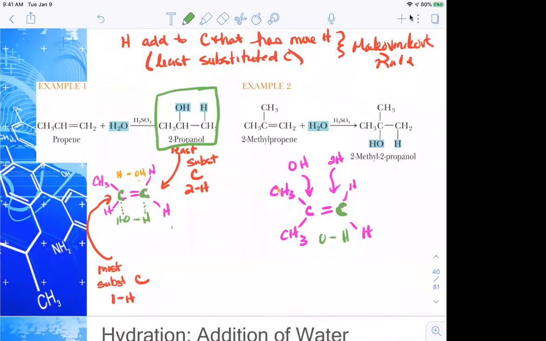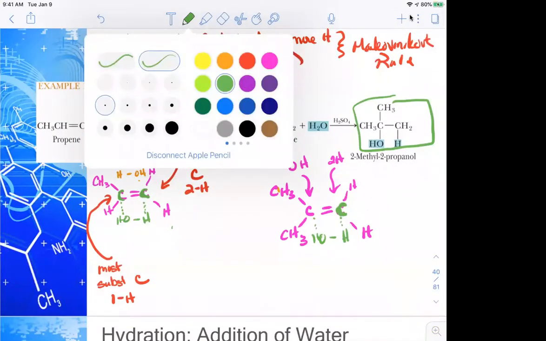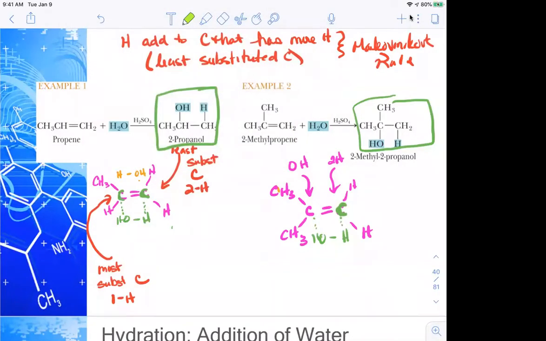So I'm going to add in this direction, and then I'm going to end up with this. So both of these are the Markovnikov product. Just for yucks, if I make the other product, this would be the minor product that does not form.